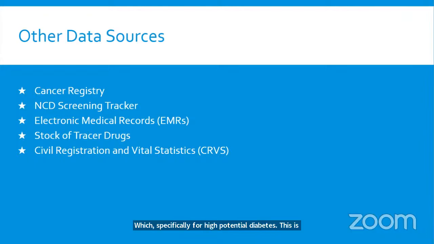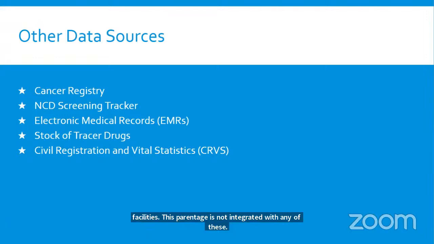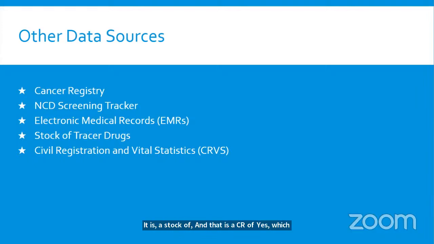But there is an electronic medical records module for NCDs, which is used in health facilities. This currently is not integrated with any of these. There is a stock of drugs, and there is a CRVS which has all deaths individually.